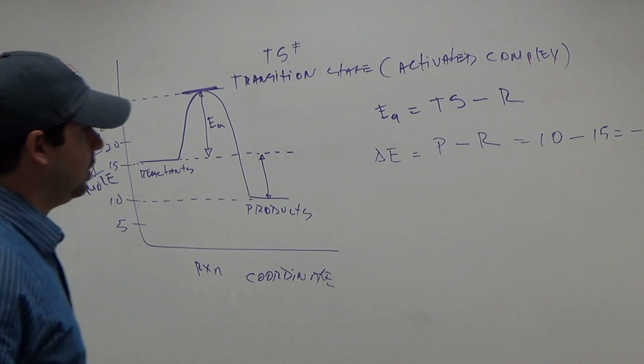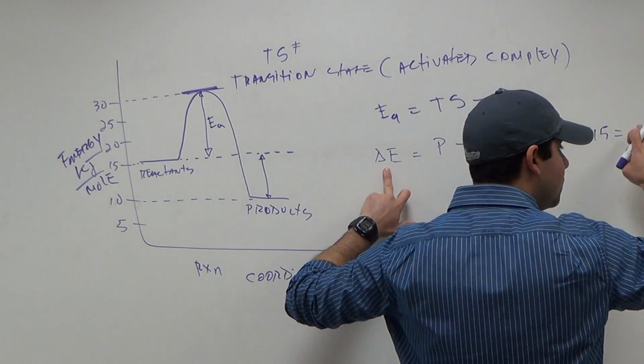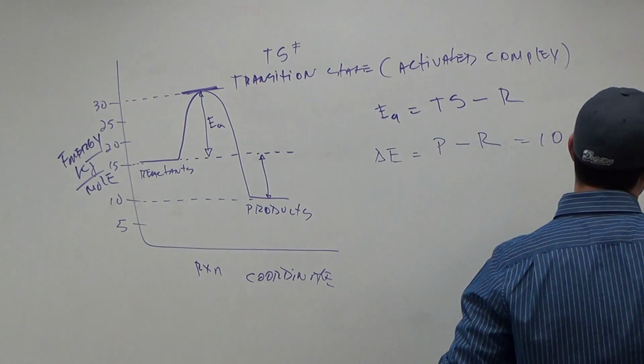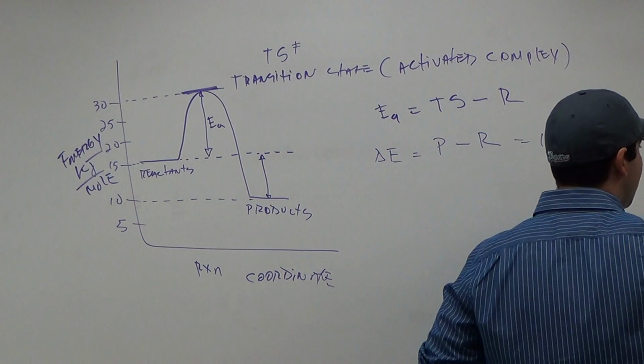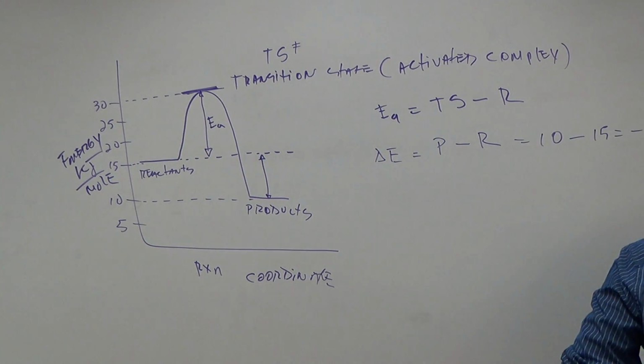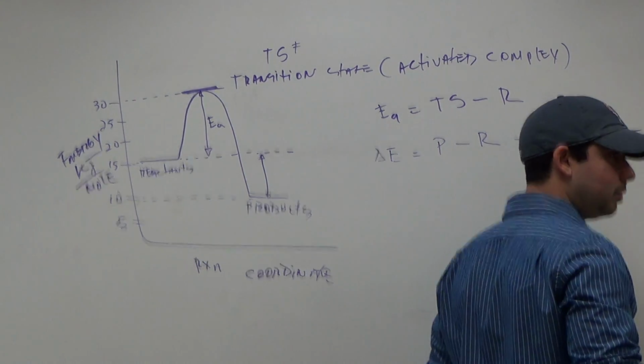So, this change in energy is what number? Negative. This means this is exothermic. Now, exothermic is referring to delta H, and delta H is related to heat, yes?